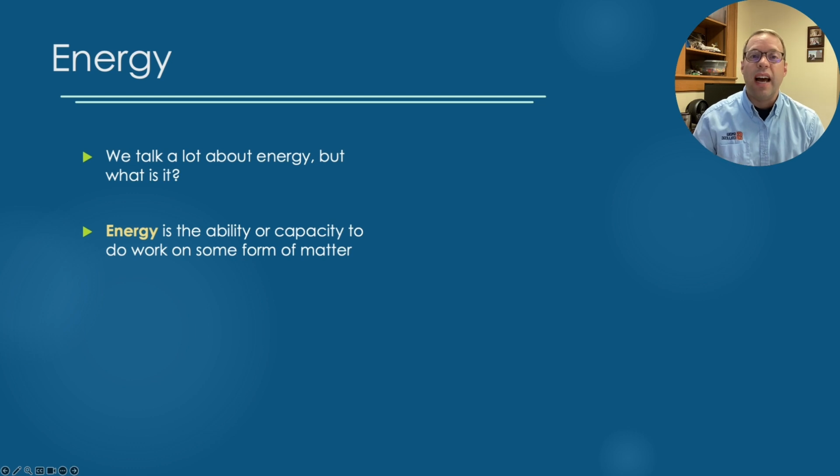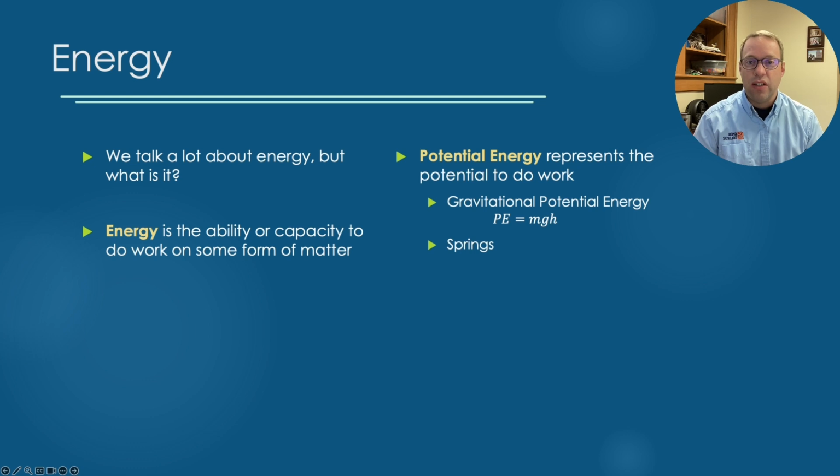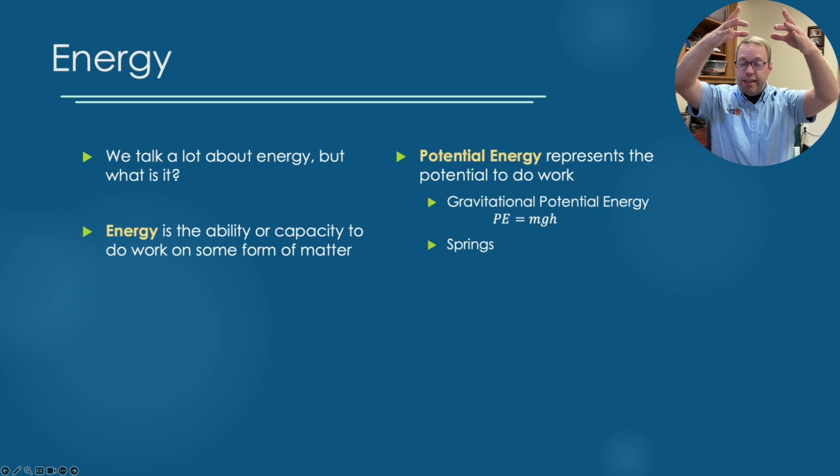Now, there are a few different types of energy that we consistently talk about. One is potential energy. This is the potential to do work. Think of it as stored energy. The two main potential energies we generally talk about are gravitational potential energy. If you have a big heavy weight and you lift it up high, then you have energy stored.